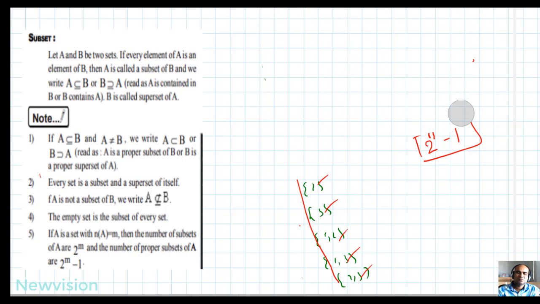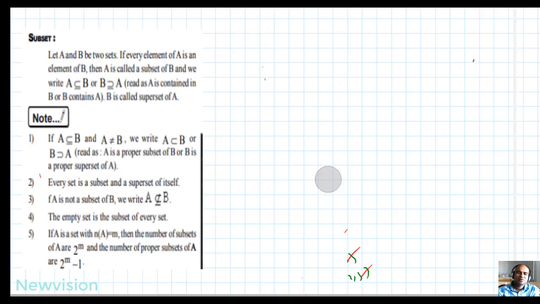Okay, students, so this is the concept of set, subset and superset. Symbols are important. In general, one symbol is for subset, and the other symbol is for proper subset.